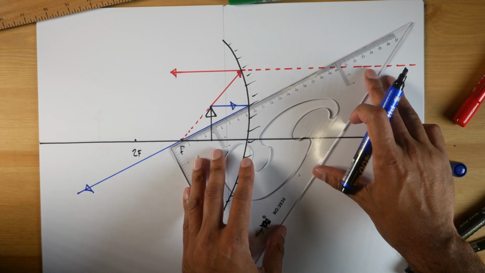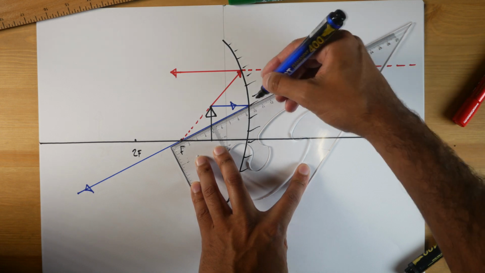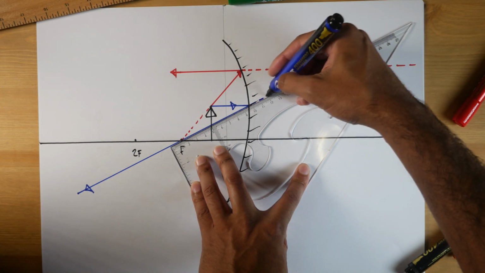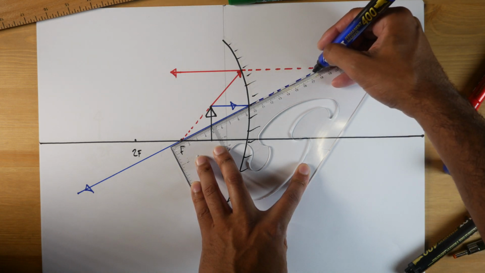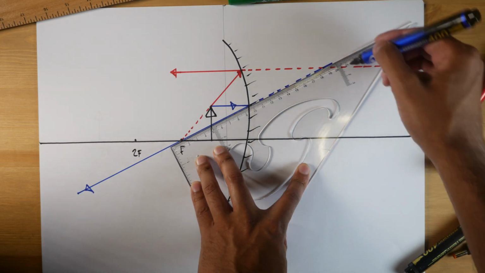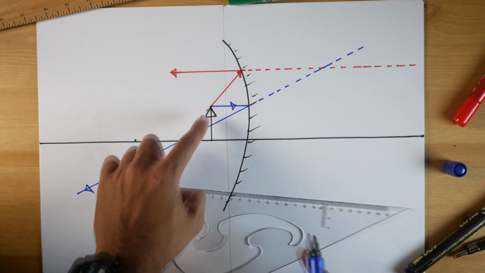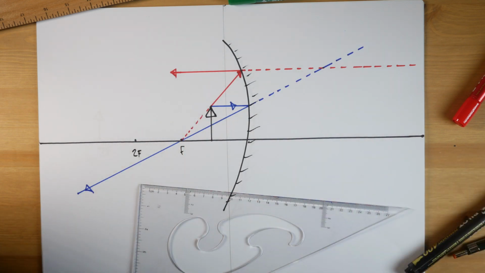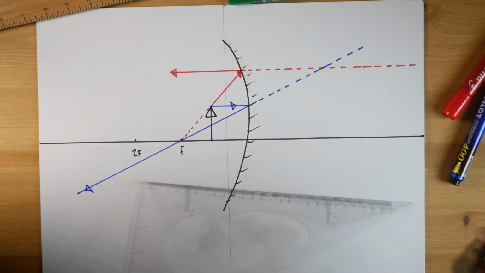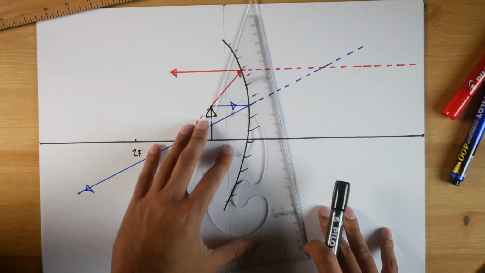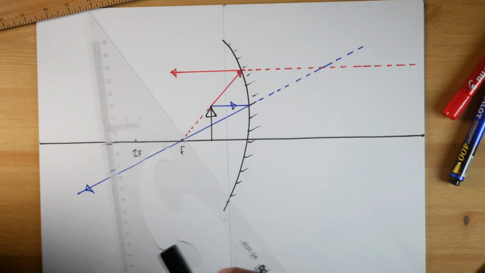Just make sure that's lined up. The more accurate you are, the better. So make sure whenever you do these, you're very accurate. And can you see where it crosses over? That's the top of that image over there. So then we get our set square.